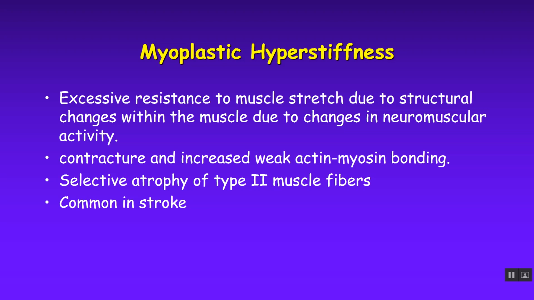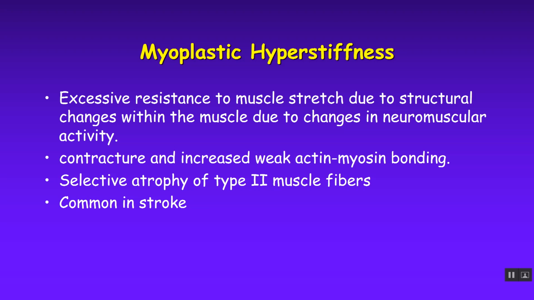There's also the tone component. So there's some excessive neural activation going on, but it's really hard to determine what is the resting tone versus the myoplastic hyperstiffness, which eventually all kind of overlap each other after the first few weeks.